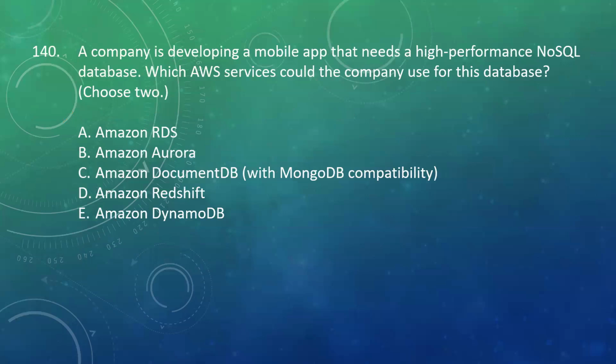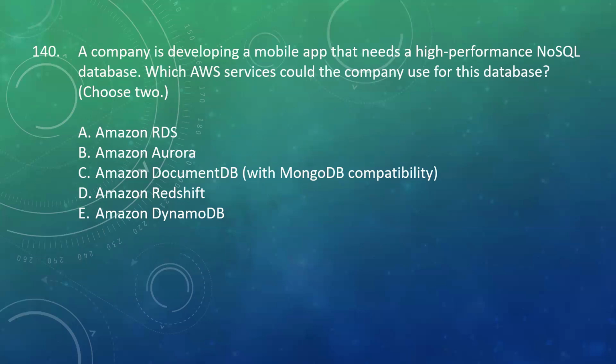A company is developing a mobile app that needs a high performance NoSQL database. Which AWS service should the company use for this database? You need to choose two options. The options are Amazon RDS, Amazon Aurora, Amazon DocumentDB with MongoDB compatibility, Amazon Redshift, Amazon DynamoDB.